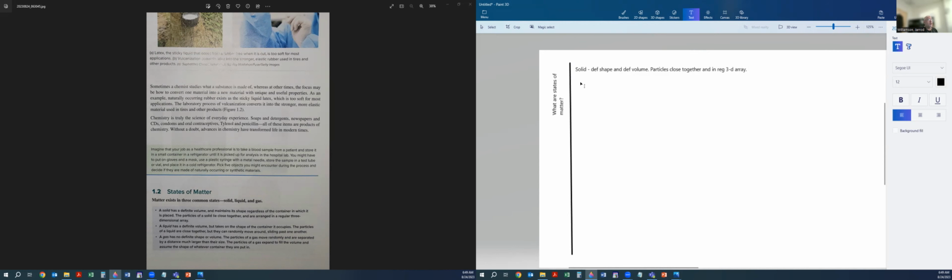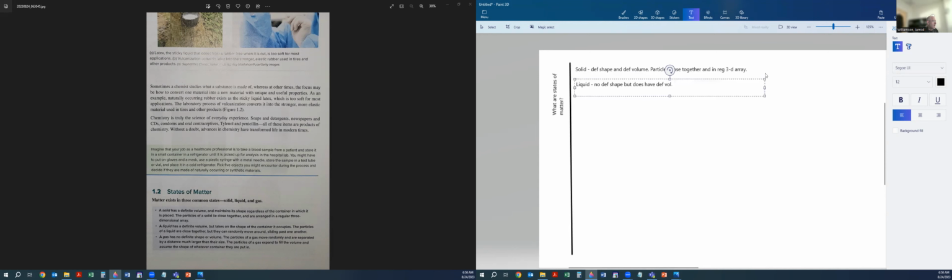Another state of matter is liquid. Works better when you can spell it, right? Liquid also has, oh, wait a minute, no definite shape, but does have definite volume.